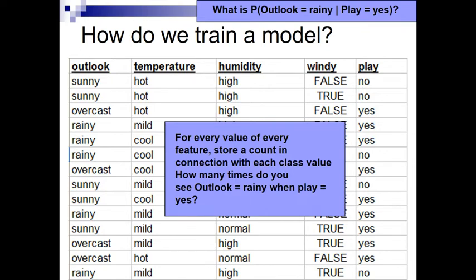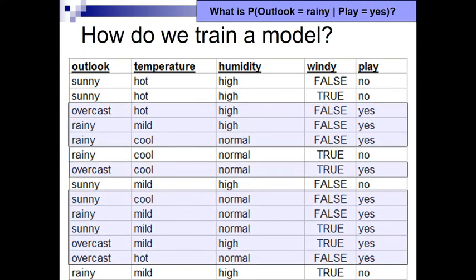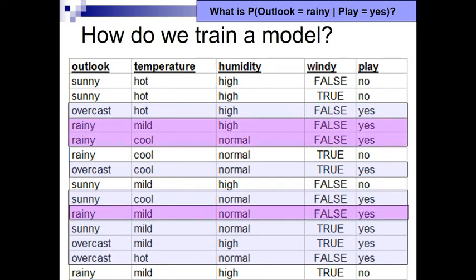How would you actually compute that? What you would do is look for all of the rows that were yes and see what proportion of them have outlook rainy. So first we pick those instances with outcome yes, and then we look at just those ones that are rainy.